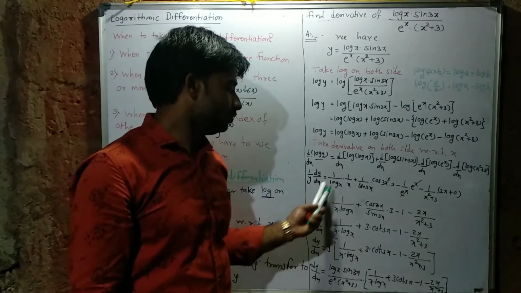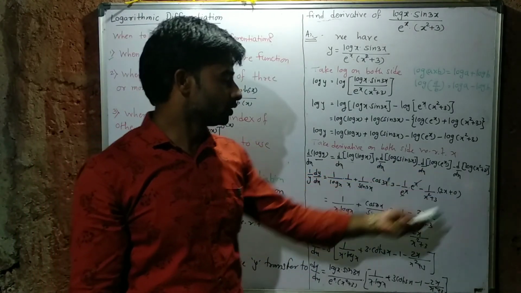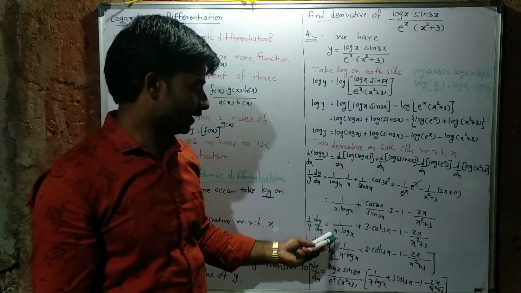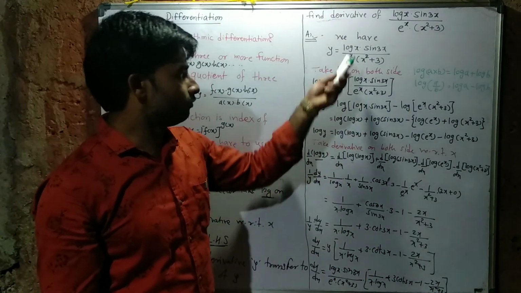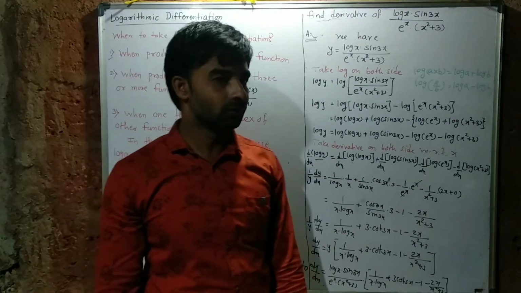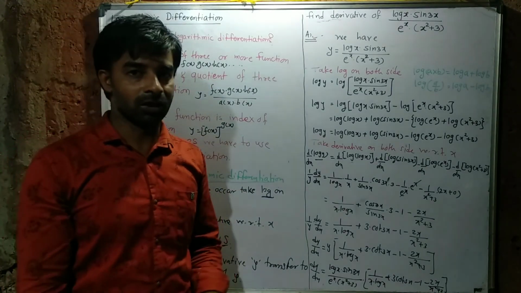We take the derivatives of those functions, transfer y from the left hand side to the right hand side, and put the value of y, which is our main function, to get the derivative of that function. This is logarithmic differentiation.